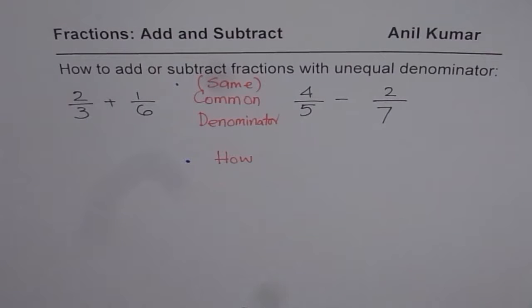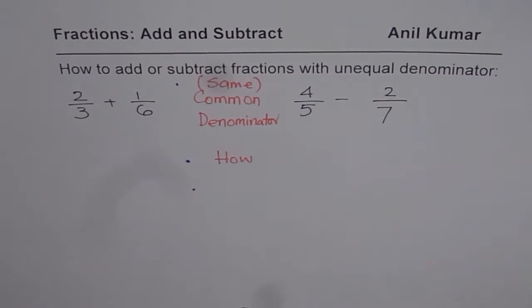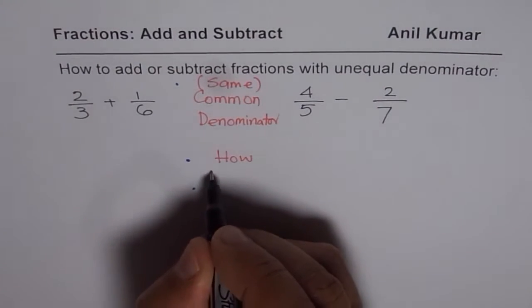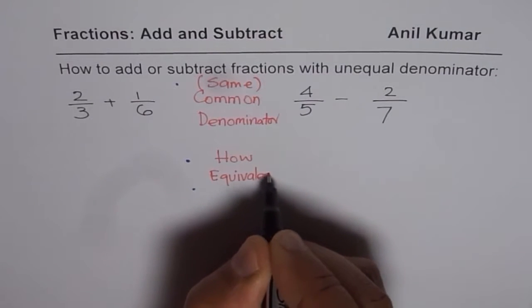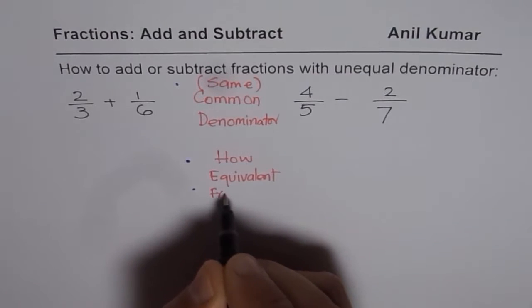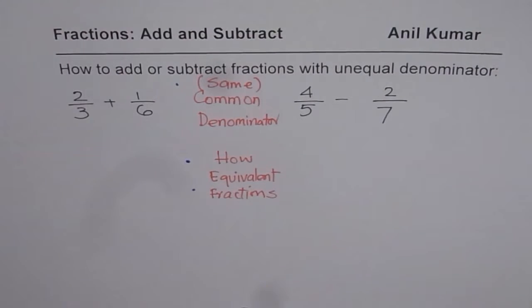I think we can. And this process of making them the same is also called writing them as equivalent fractions. Right, so that is another term which you need to understand. So writing them with the same denominators is also called equivalent fractions.